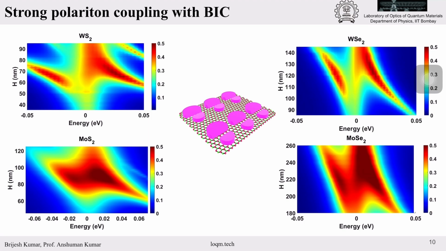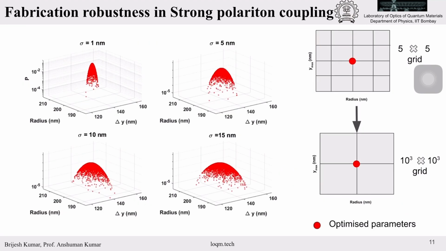So we optimized the same geometry for all four, and different parameters give us strong polaritonic coupling with all four TMDCs. After that, before fabrication, we check the fabrication robustness in strong polariton coupling using this method.